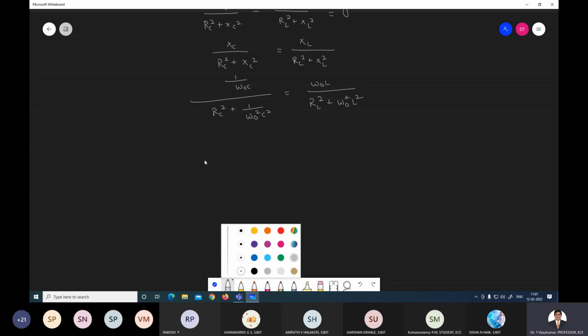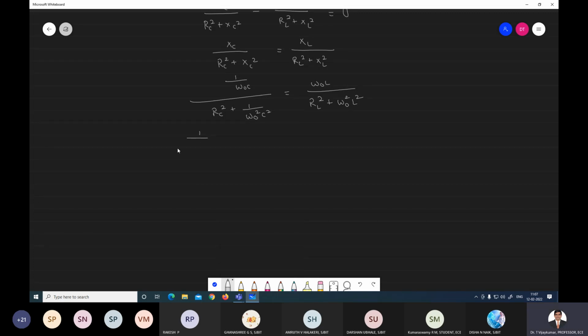Further, you simplify this. We can write it as 1 over omega naught C multiplied with Rc square plus 1 over omega naught square C square, that is equal to omega naught L divided by RL square plus omega naught square L square.